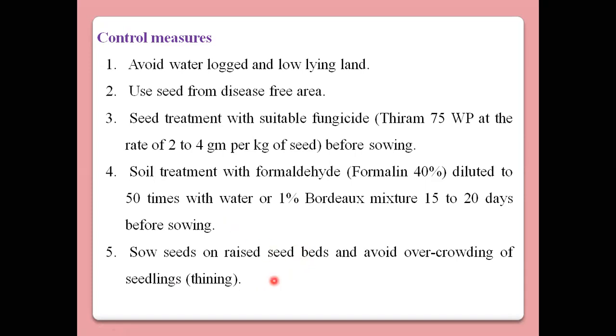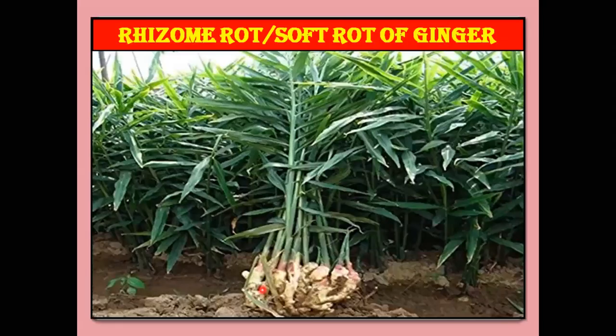But this method is possible only in a limited area; generally this practice is suitable for nursery bed areas, not suitable in the open field. Okay, so these are the two diseases.